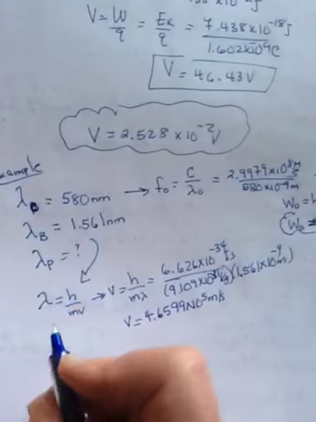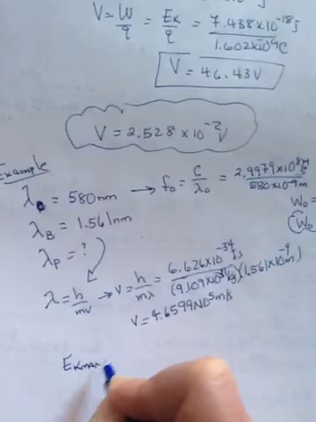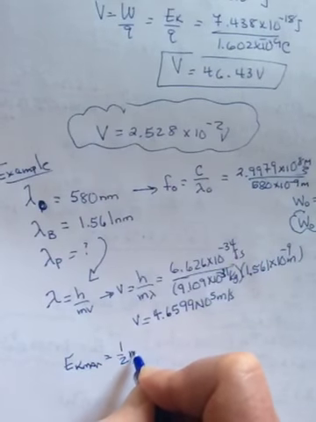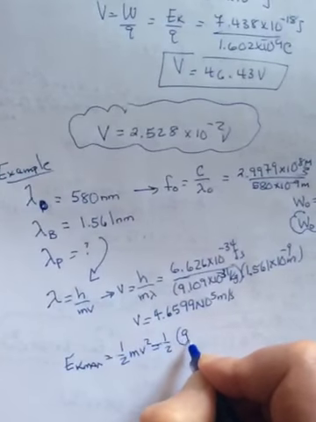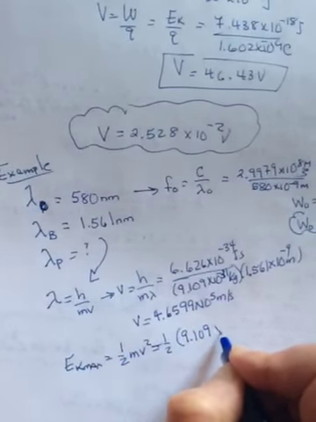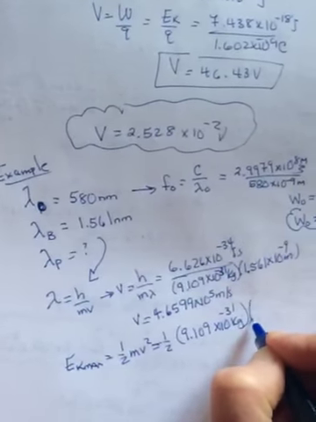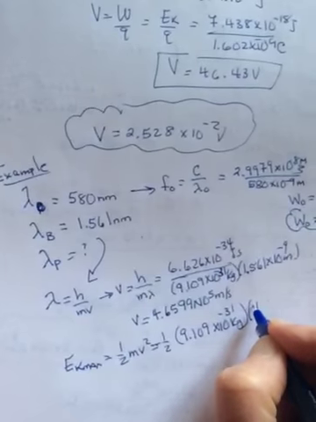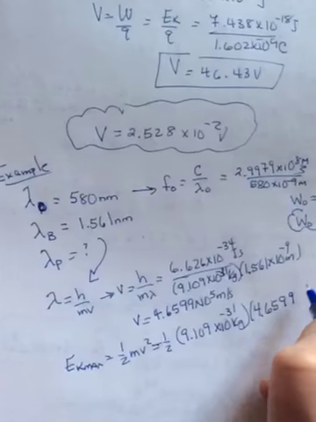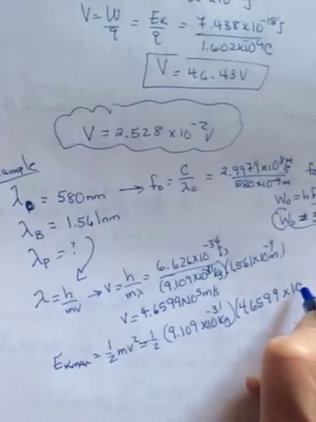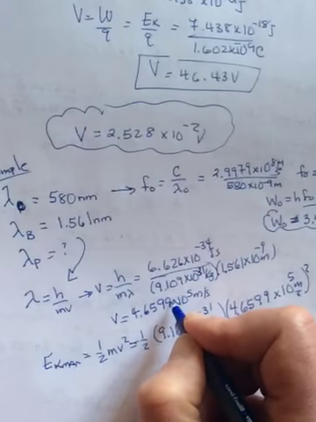Once you have that, then E K max is equal to 1/2 m v squared. So 1/2 times 9.109 times 10 to the negative 31 kilograms times 4.6599 times 10 to the 5th meters per second, and remember to square that.